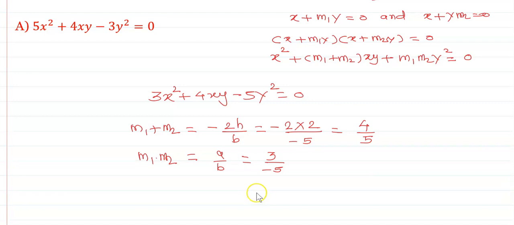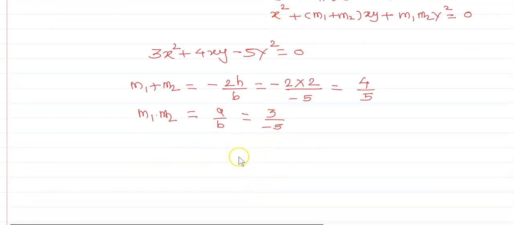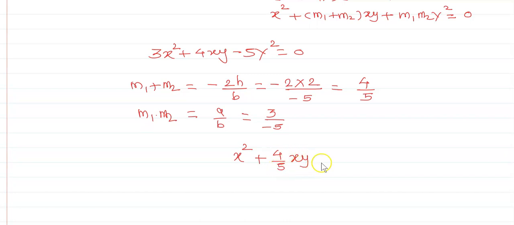If we substitute those values here, x square, keep it as it is, m1 plus m2, 4 by 5 xy, m1 into m2, that is a, 3 upon minus 5 into y square is equals to 0.